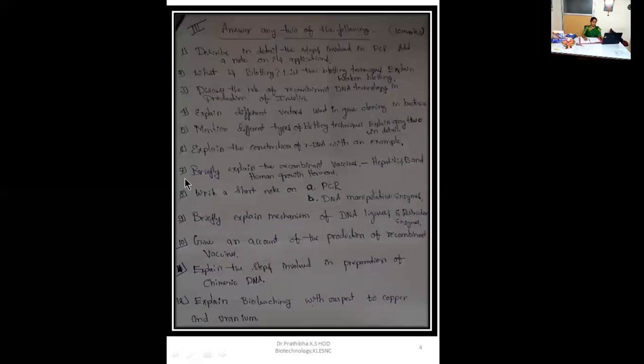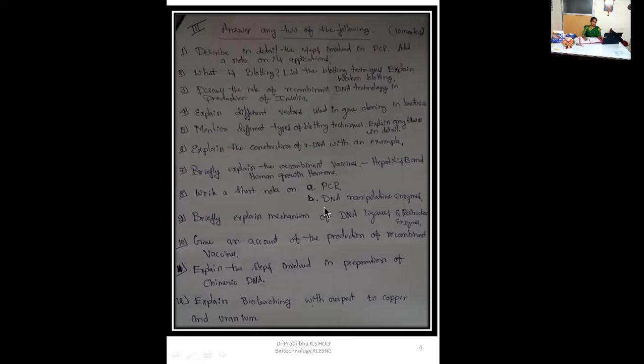Seventh question, briefly explain the recombinant vaccines, hepatitis B, and human growth hormone.